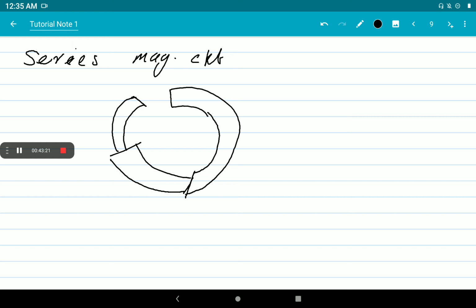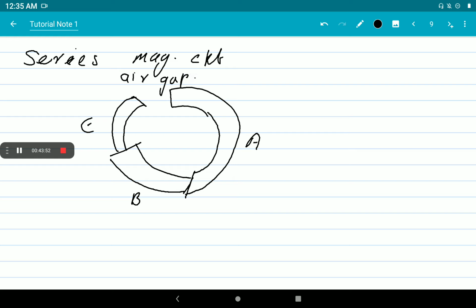So just assume a magnetic circuit which consists of three different magnetic materials of different permeabilities. First material, you just take it as A, second one B, and third one C, and there is an air gap between.